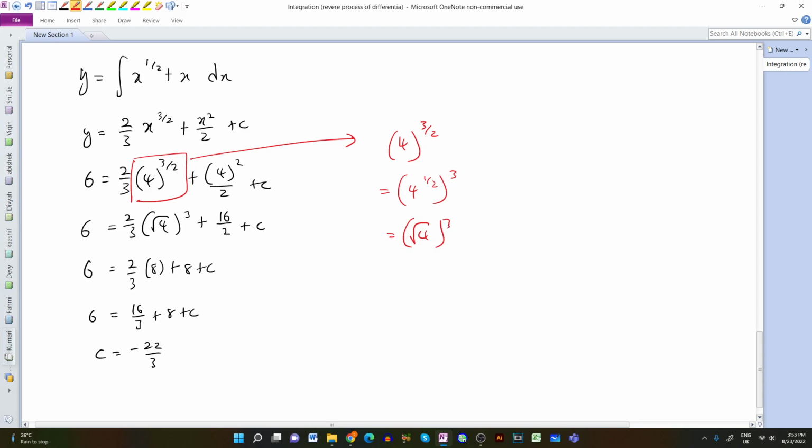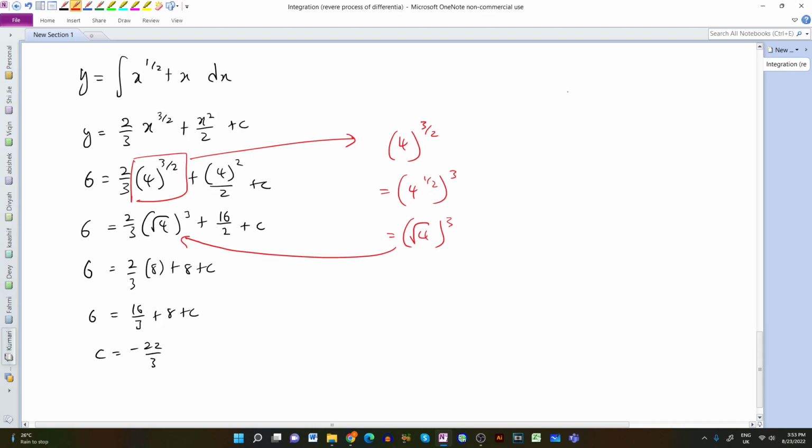Square root, isn't it? Yeah. You can just bring in like that. This is indices chapter, indices and logarithm.